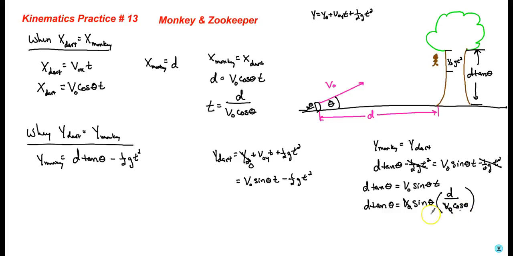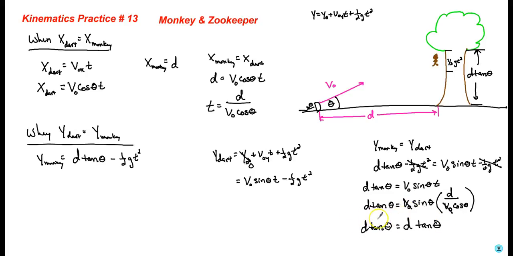Knowing a little bit about our trig identities, we know that sine over cosine is tangent right here. And we see that they're the same. What this is saying is that when x and t are equal to each other, this is the time. And when this time occurs, they're also at the same height.